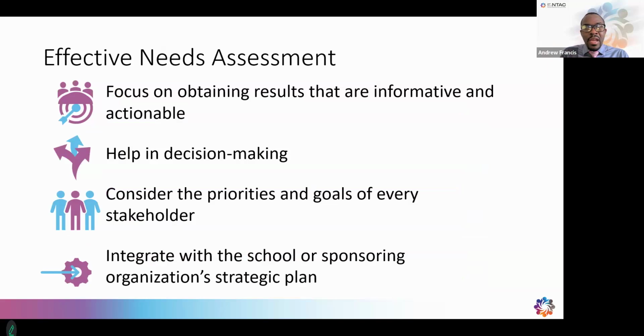Now, conducting a needs assessment requires that there be an effective process as well, right? So in addition to applying the continuous improvement process, think about how you are constructing the needs assessment itself. As you construct that needs assessment process, you want to keep in mind that it's important to focus on obtaining results that are informative and actionable. So being very targeted as to what results we really need.